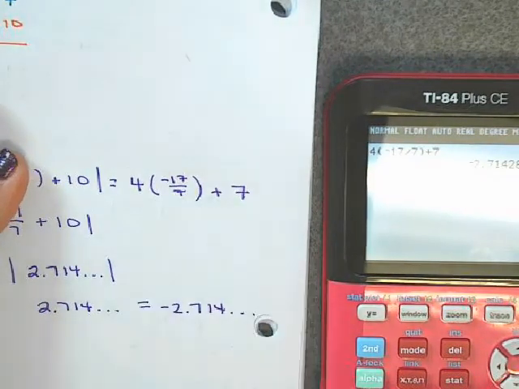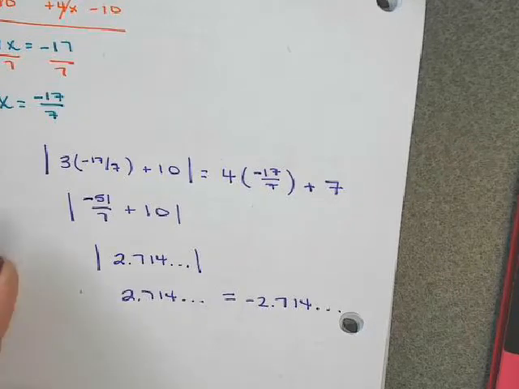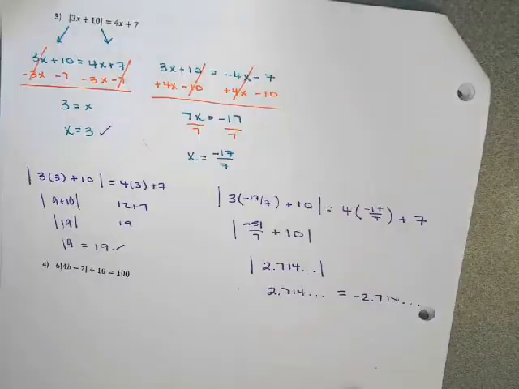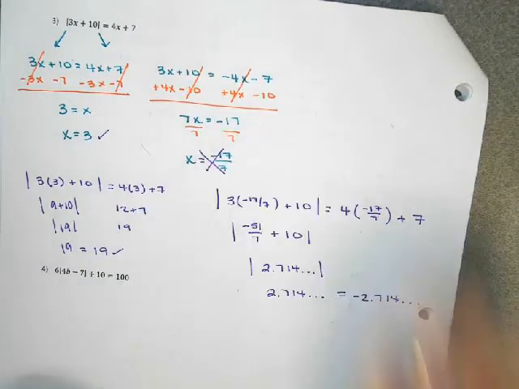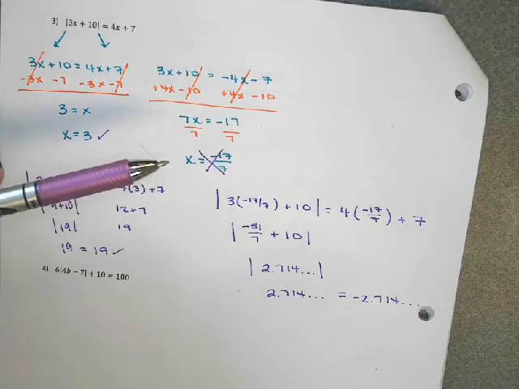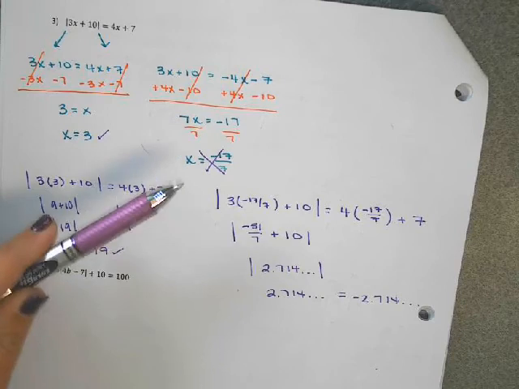Dot, dot, dot. Is that a true statement? No. That means that our solution is extraneous. So this solution right here is actually not a solution. Yes, we solved it completely accurately, but the absolute value symbols can sometimes have extraneous solutions. So that is an extraneous solution.